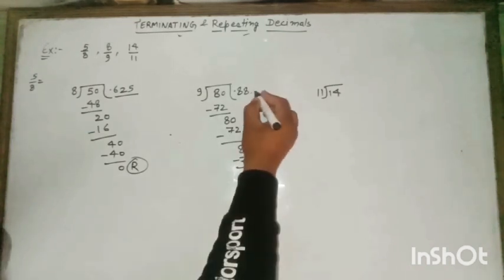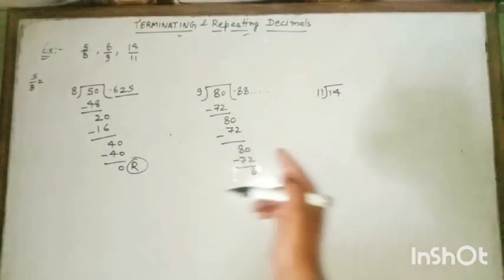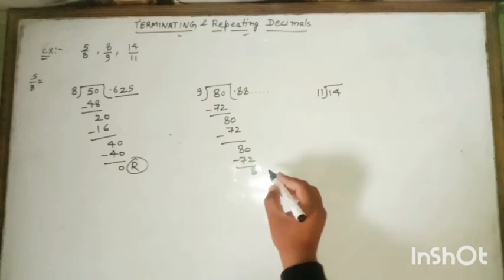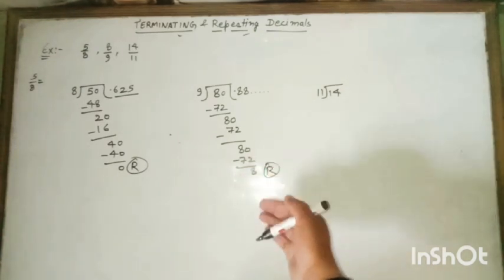This sequence will go on like this, meaning 0.8888, and this digit will be repeated here. So the remainder is never 0, the remainder is always 8, and the process will go on further.